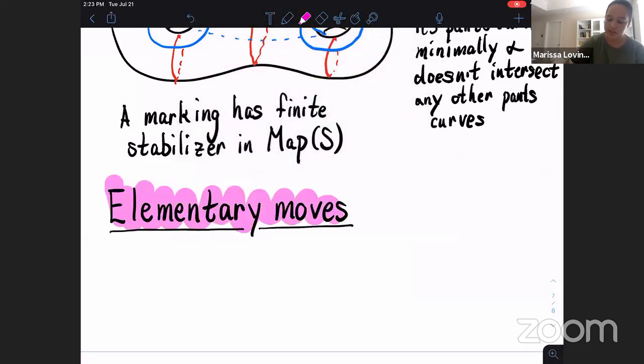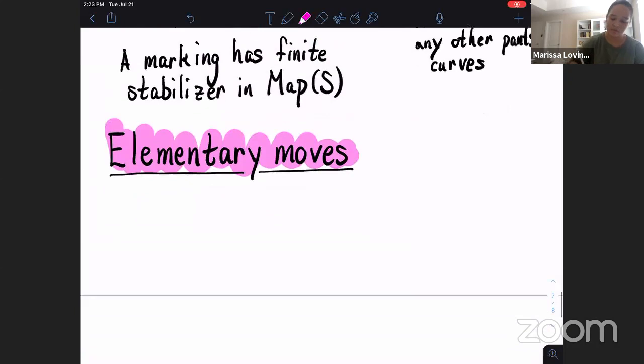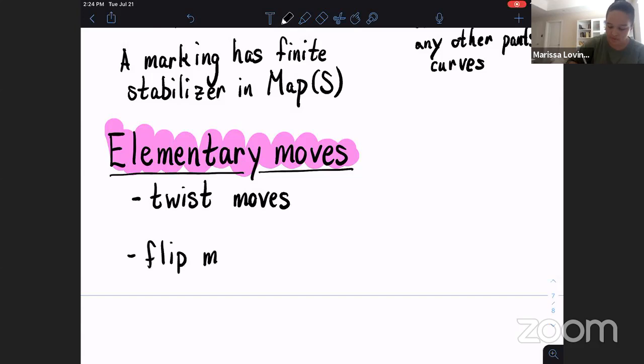Okay, so let's talk a little bit about these elementary moves. Just like the elementary moves for the pants complex, these are going to come in two flavors. We're going to have twist moves and we're going to have flip moves.